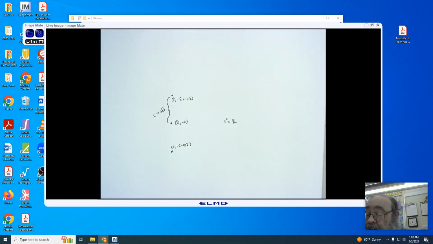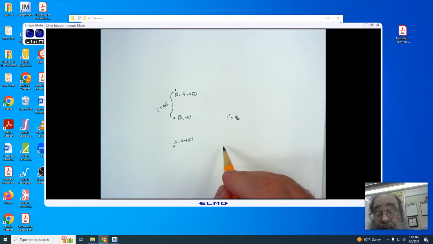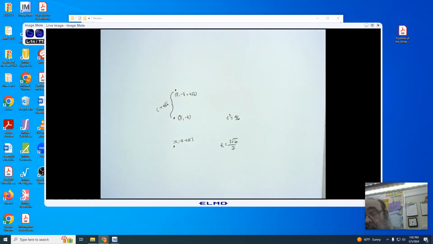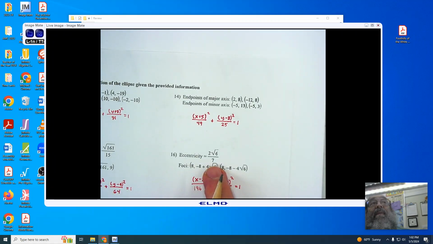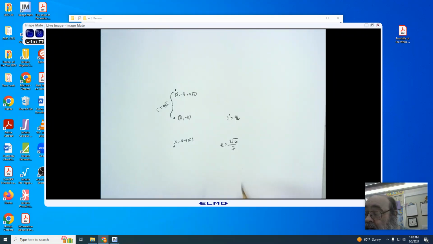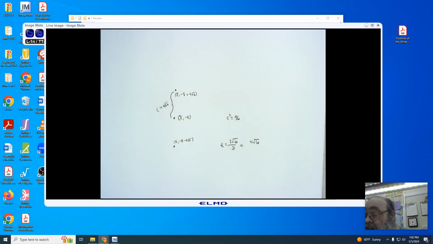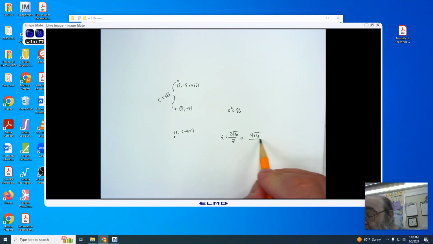Now, the eccentricity, I can now say, all right, e is 2 root 6 divided by 7. Notice that's what they've given us right there. I'm going to set this equal to my 4 root 6 and look at it and say, well, what had to be reduced?